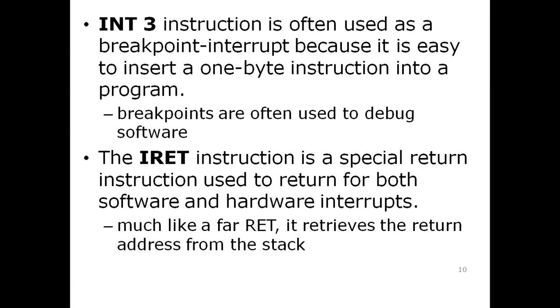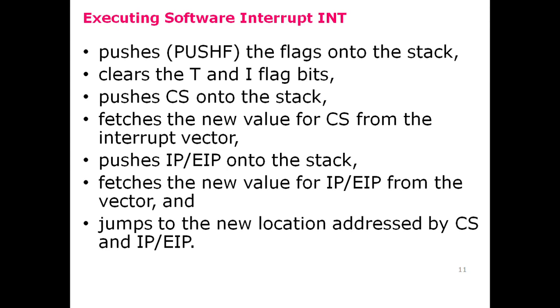So much like a far return, it retrieves the return address from the stack. So whenever a software interrupt is executed, it pushes the flags onto the stack using the PUSHF instruction. So the status of the flag bits is pushed onto the stack so that it can be retrieved later on when the IRET instruction is executed.